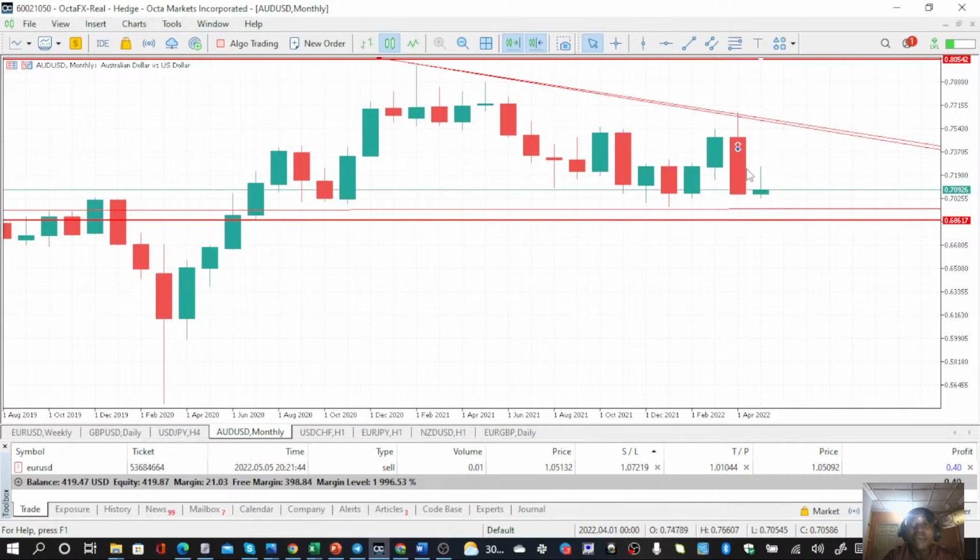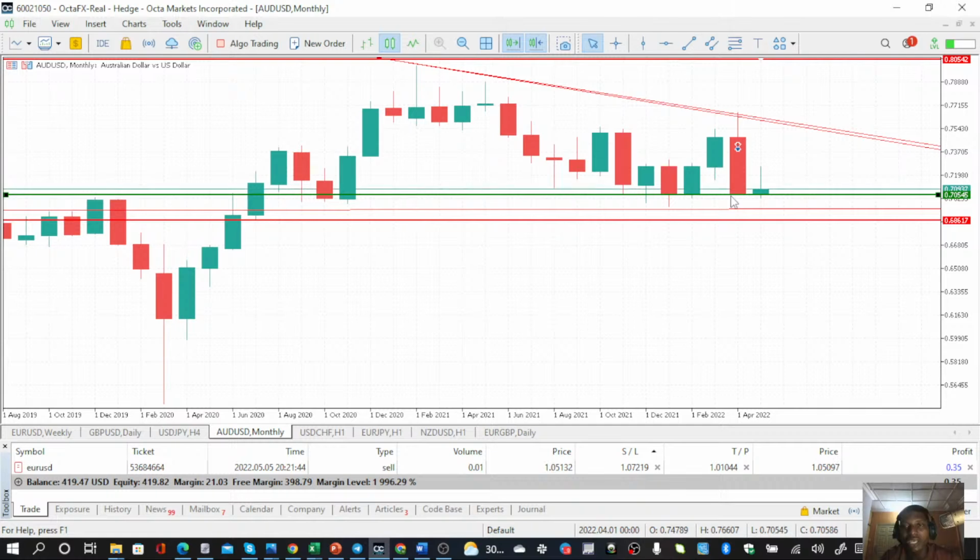So this was April. April was very bearish. This was March. So it was February. You can see that April closed below February, or at the same level with February. April closed below March and February.